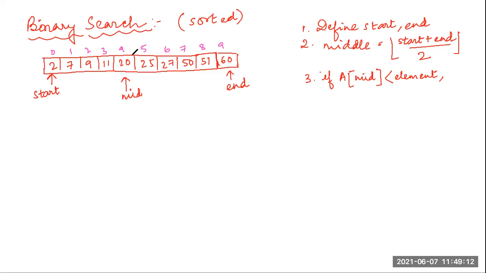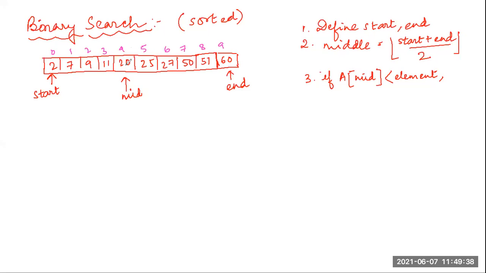Because we already know that the entire array is sorted, I will always check my number to search for with the number at the middle element. If the middle element matches the number I am searching, fine. If not, then I will have to see whether the number I am searching is lesser than 20 or greater than 20.